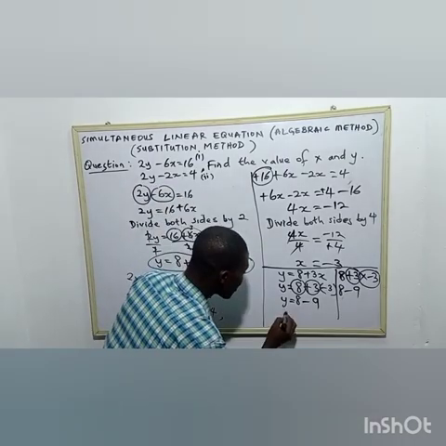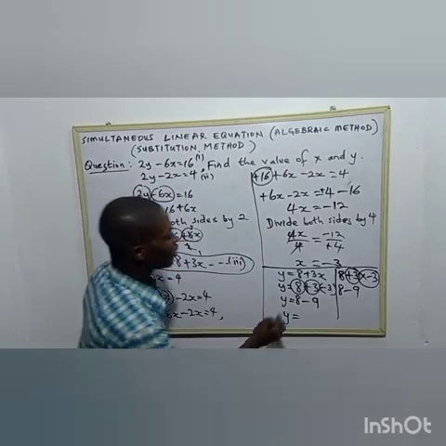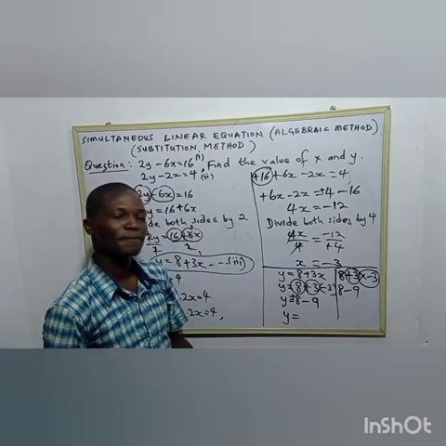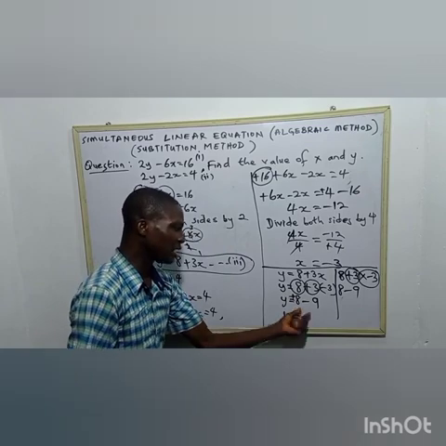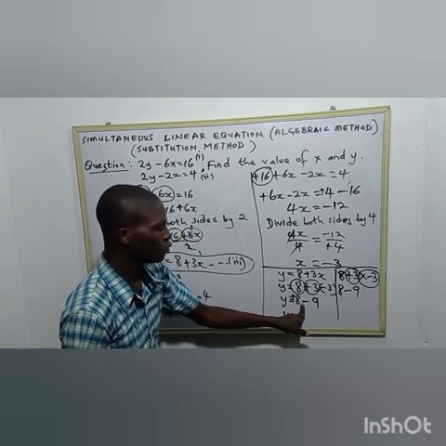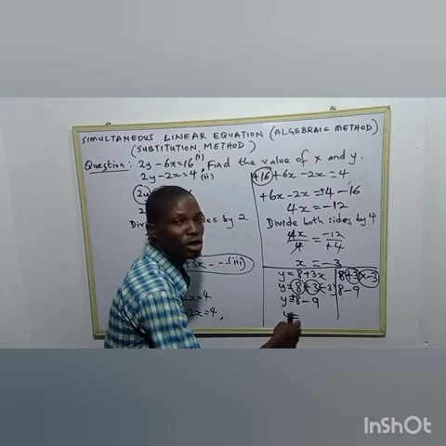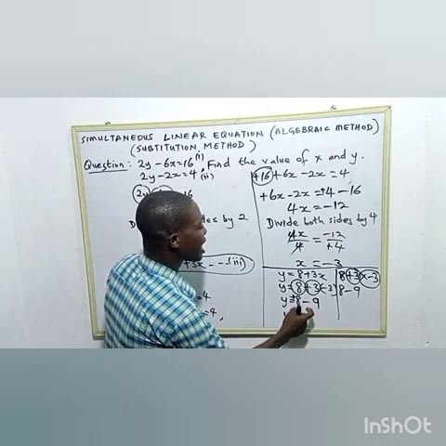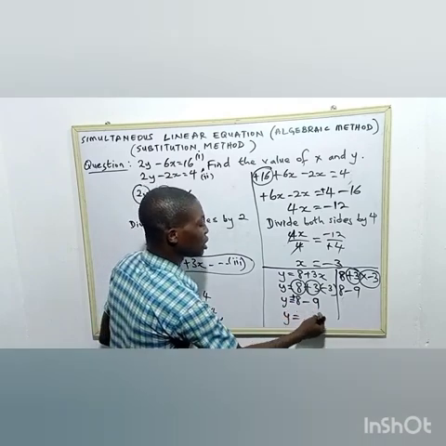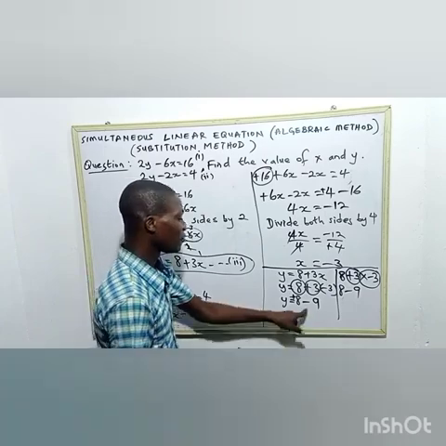So y equals, don't forget our plus is in this place, and we want to work with the sign again. If there's nothing between the two, like division or multiplication, you find the sign of the bigger digit. 9 is bigger than 8, and the sign of 9 is minus.